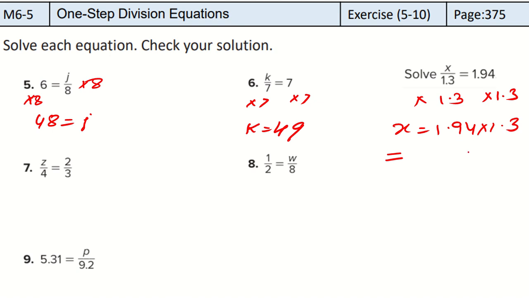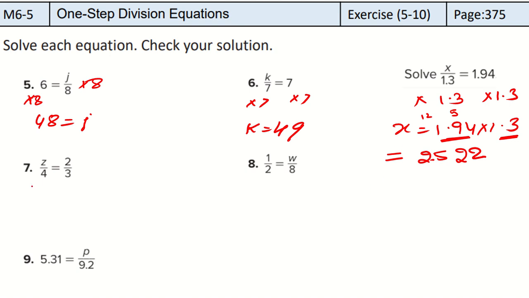Now 13 times 4, 52, 5 carry forward; 13 times 9, I think it will be 117, 117 plus 5, 122, 12 carry forward; and then 13 times 1, 13, 13 and 12, 25. What about the decimal point? Here you see 2 decimal places, here 1 decimal place, and in multiplication decimal places will be added. So in the answer there will be 3 decimal places.